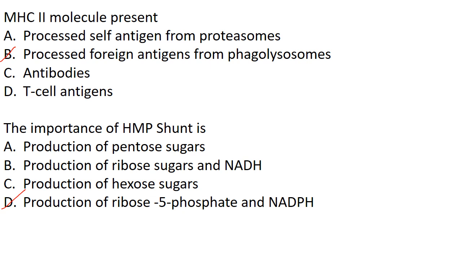Importance of HMP shunt is production of pentose sugars, production of ribose sugar and NADH, production of hexose sugars, production of ribose 5-phosphate and NADPH. That is more correct. Answer is option D.